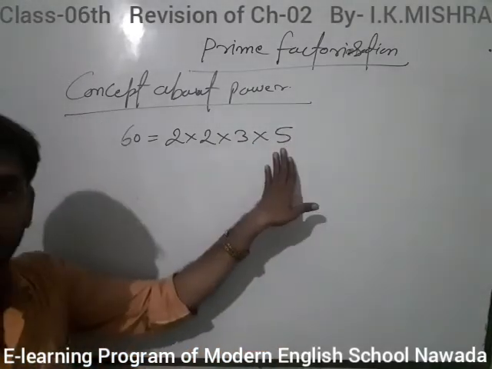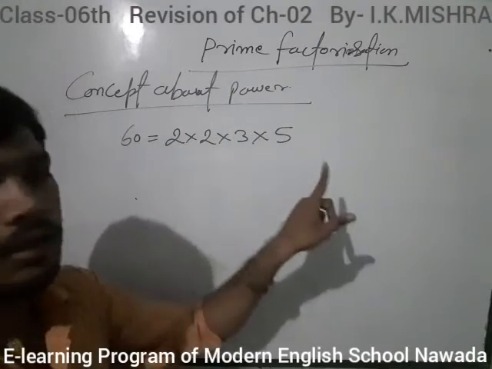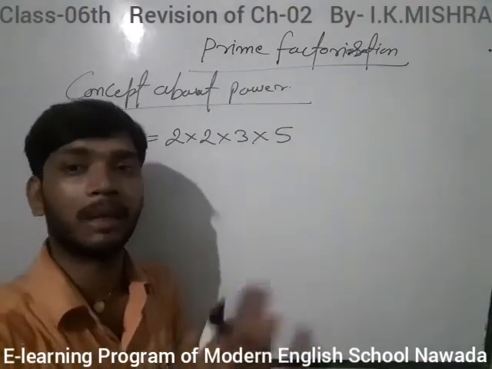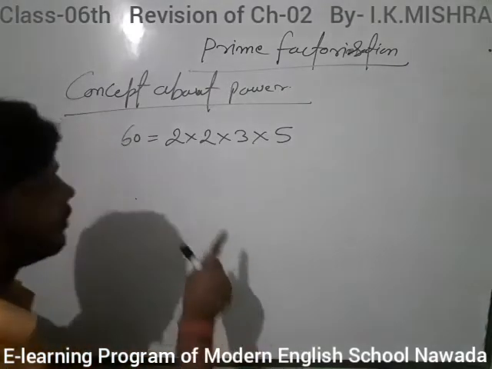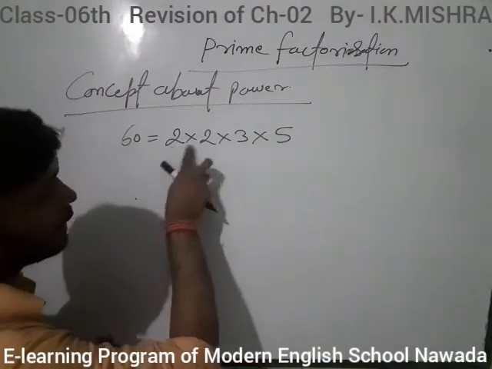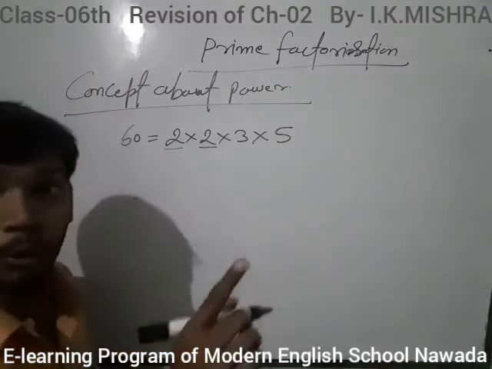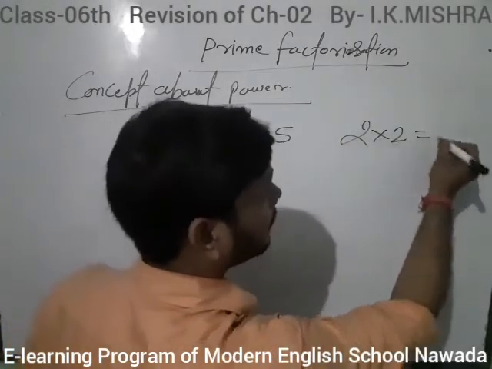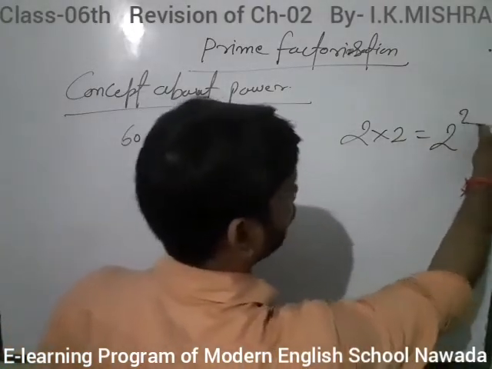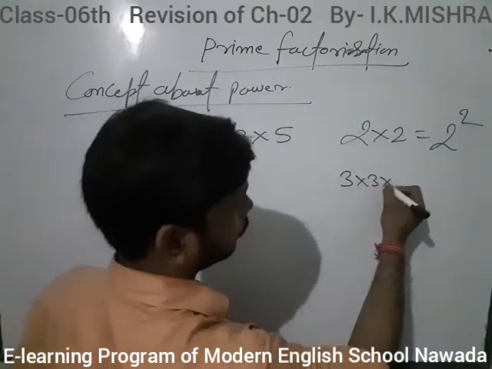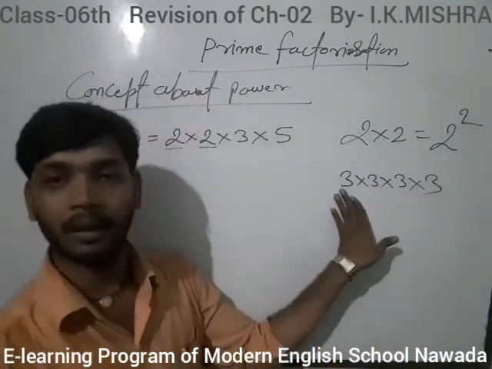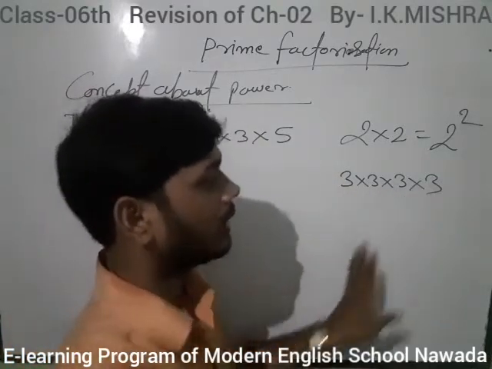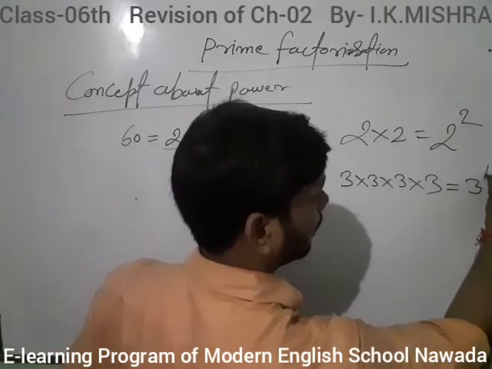Students, power means how many times a number is multiplied by itself. Here, observe, 2 into 2 is written 2 times, so it can be written in short as 2 to the power 2. If we write 3 into 3 into 3 into 3, here 3 itself is multiplied 4 times, that means 3 to the power 4.